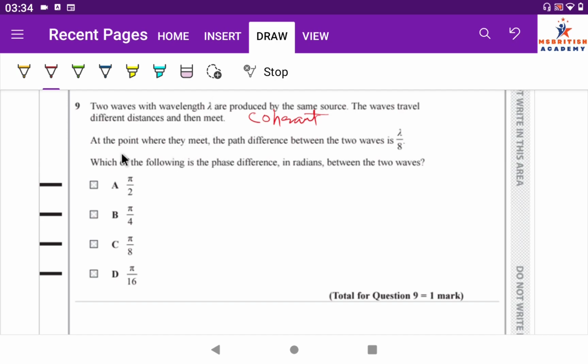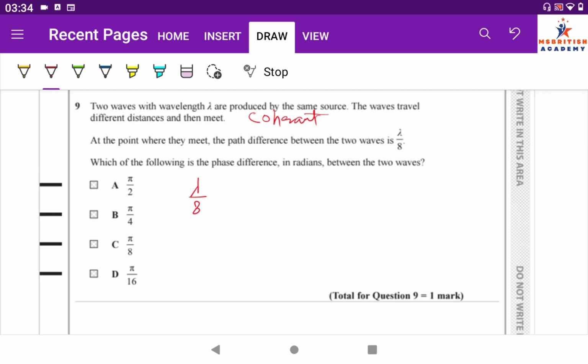At the point where they meet, the path difference of the two waves is lambda by 8. Which of the following is the phase difference in radian between the two waves?